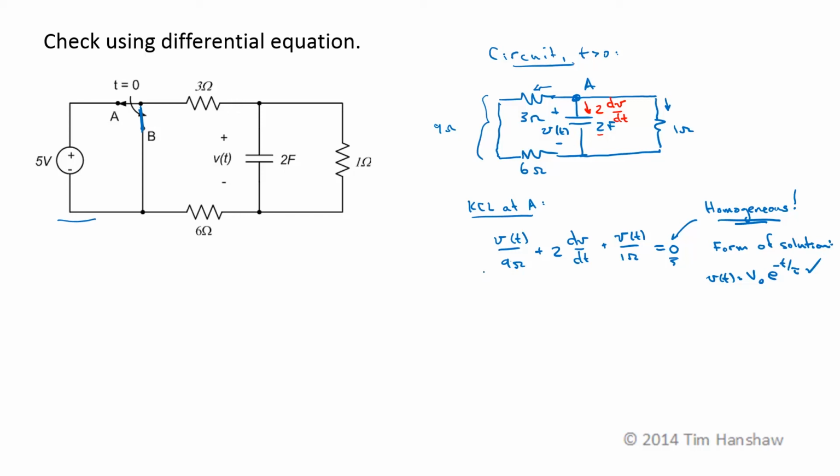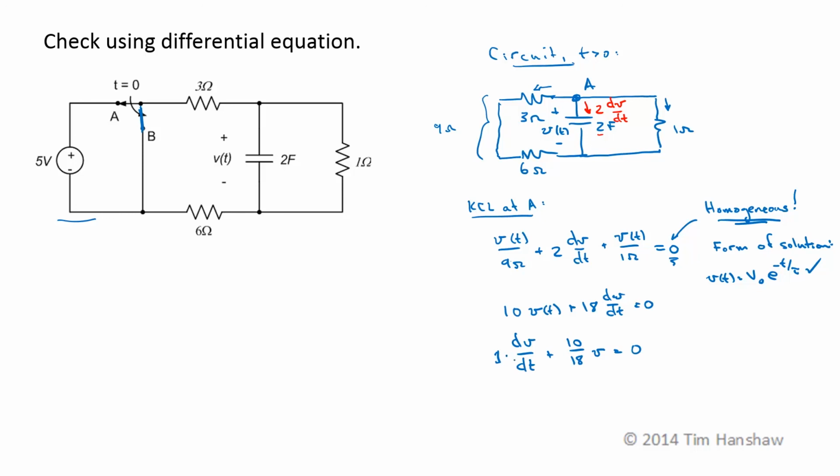Now let me rearrange this equation, multiply through by 9, so this will be 10 V of t plus 18 dV by dt is equal to 0. Now if I divide out the 18, I get dV by dt plus 10 over 18 V is equal to 0.